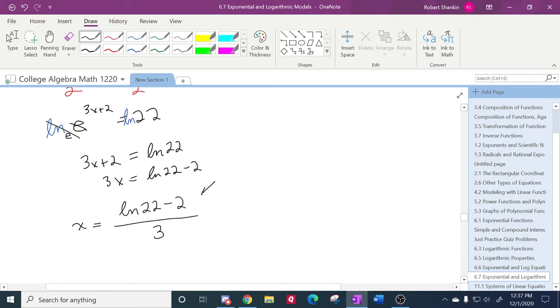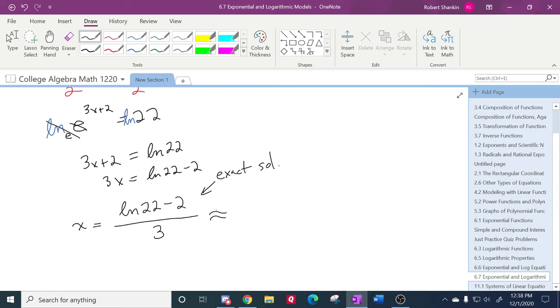This is what I call my exact solution. If I was giving this answer to somebody who's going to do more computations with it, they'd probably want the exact solution so they can be as accurate as they need to be. But if they were going to cut a piece of wood this length, I'd give them the approximate solution.